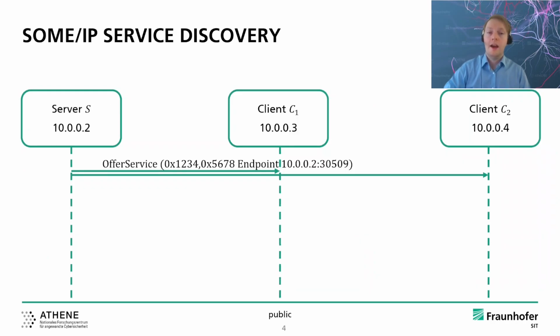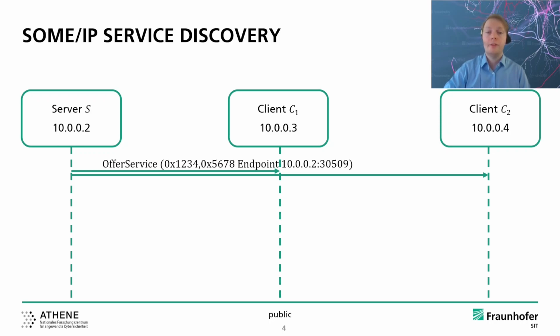The service discovery works the following way. A server S can offer a service via broadcast communication. For this purpose, S sends an offer service message with a specific service ID. In this case, 12345678.